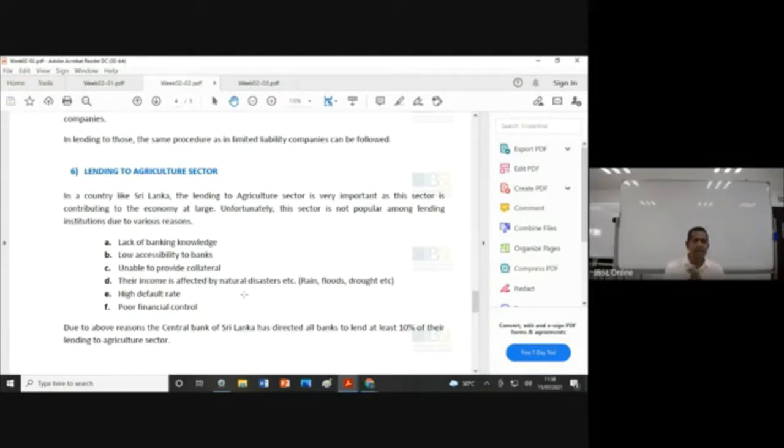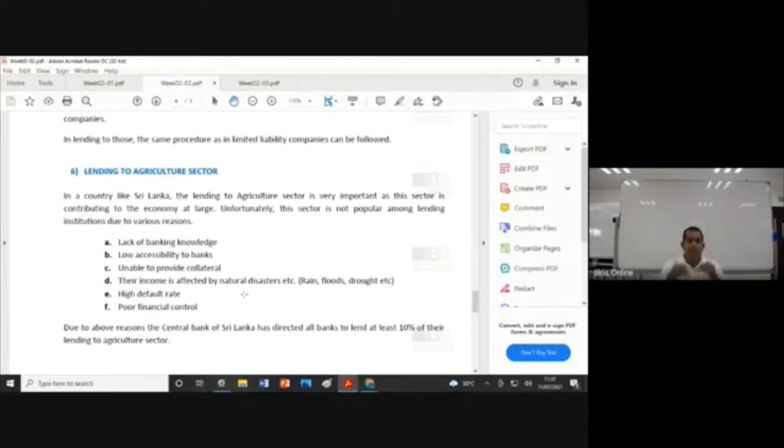Currently, we have a higher default rate and poor financial controls. Therefore, banks are reluctant because of the nature of the business, climatic issues, and the person behind. All those things together, banks are very reluctant.